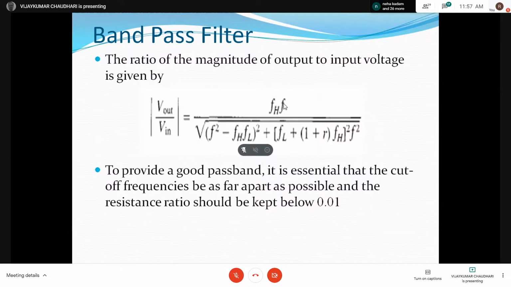Okay, F is the given frequency, whereas FL is the cutoff frequency of the high pass filter, and FH is the cutoff frequency of the low pass filter. Okay, so this is the formula for Vout upon Vin, gain or attenuation for a particular frequency F, right?